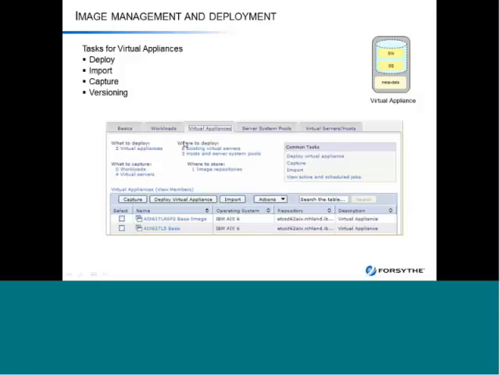Another advantage is the image management. Essentially, image management is the ability for you to create what we like to term gold images of certain installs. So let's say you have an AIX 7.1 server that you've put Oracle on.